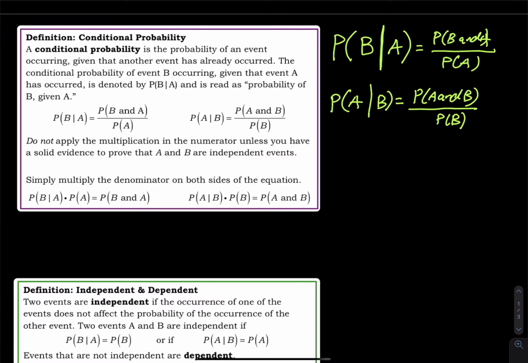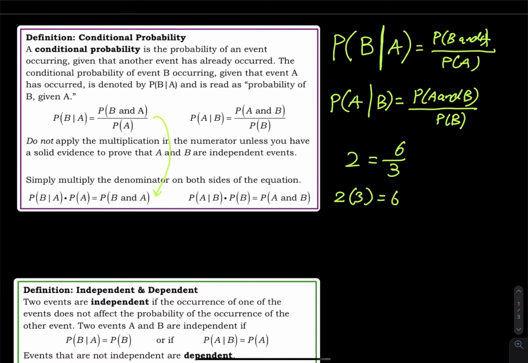Some textbooks don't put it in that way. They will just multiply both sides by the denominator. So they go from here to here. The concept is simple. Let's say you have 2 equals 6 divided by 3. If you multiply 3 on both sides, then you have 2 times 3 equals 6.